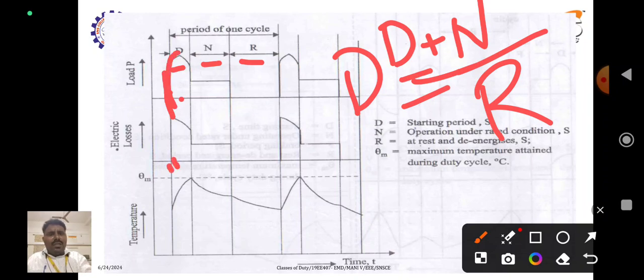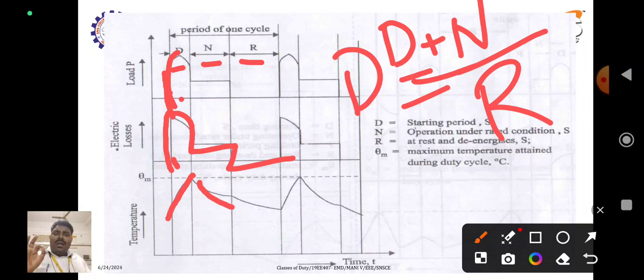During the starting, the losses are high. Under normal operation, it comes to some rated value. Once rest, the losses are 0. So during the starting, the losses increase to the maximum value, and during the operation, the electrical losses decrease.